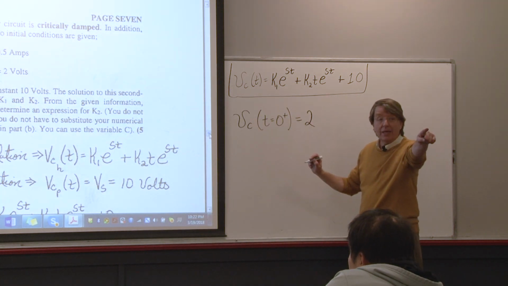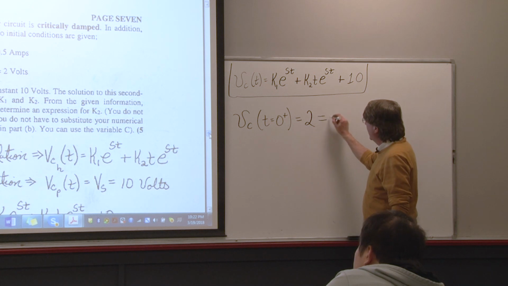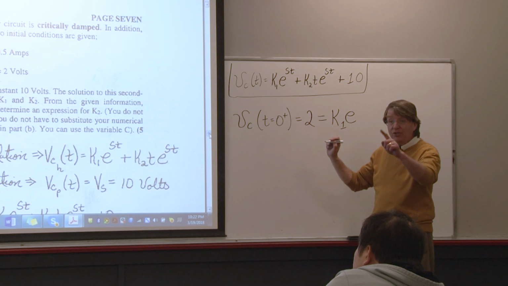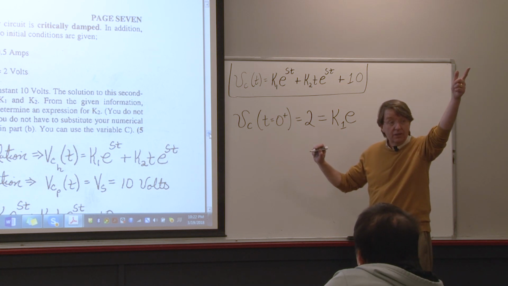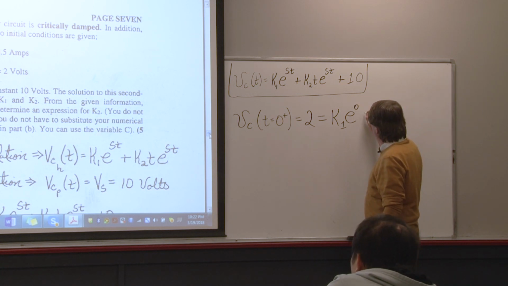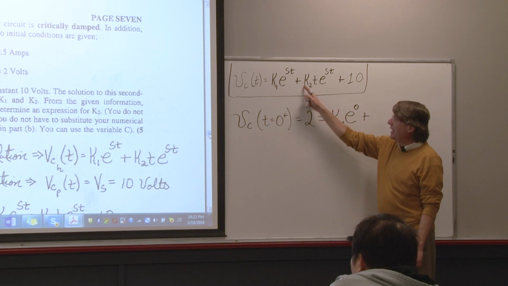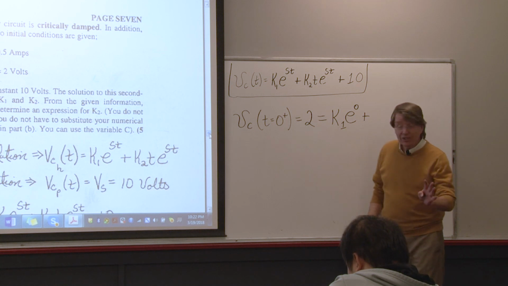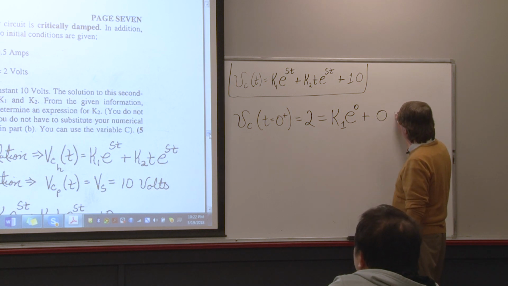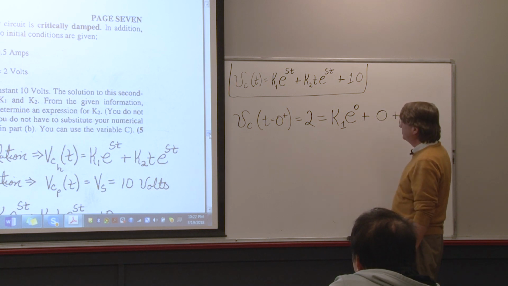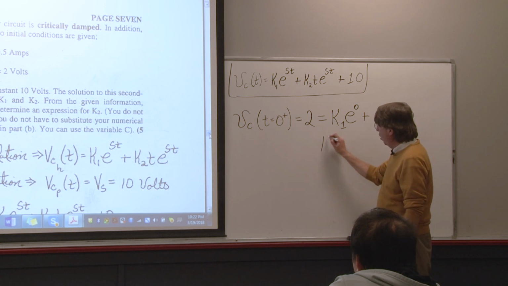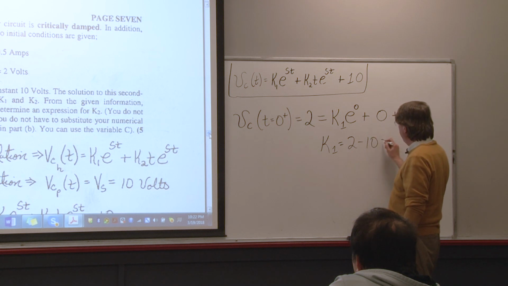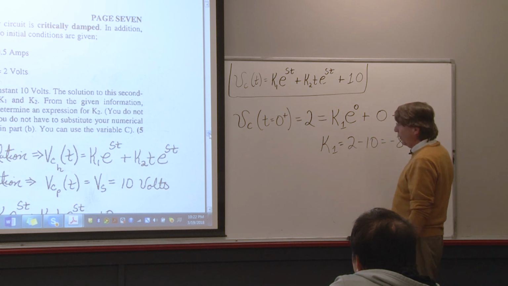Michael, I'm thinking of you back here. This equals K1 e to the st. What's t? 0. Plus K2 t e to the st. What's t? 0. So this goes to be plus 0 plus 10. K1 is 2 minus 10, which is minus 8 volts.